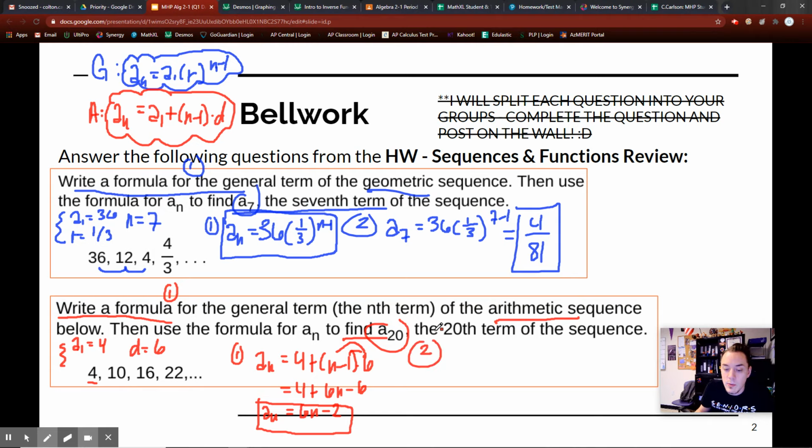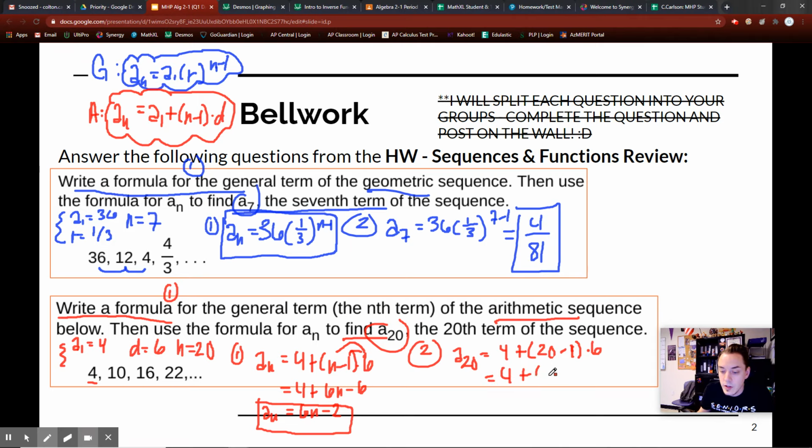Number 2, they want us to find a sub 20. So I'm going to add to my variable list n equals 20. I'm going to write a sub 20. My first term is 4 plus 20 minus 1, and then times 6, which is my common difference.